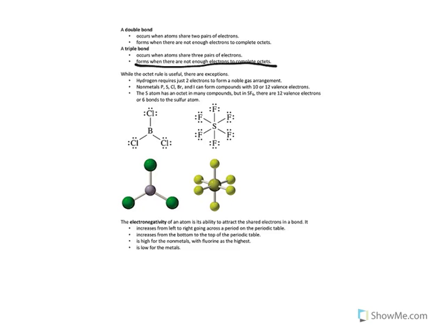We've already talked about hydrogen. Hydrogen requires just 2 electrons to form a noble gas arrangement. Other nonmetals, such as phosphorus, sulfur, chlorine, bromine, and iodine can form compounds with 10 or 12 valence electrons. So they can have 8, 10, or 12.